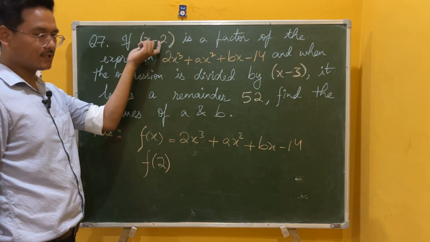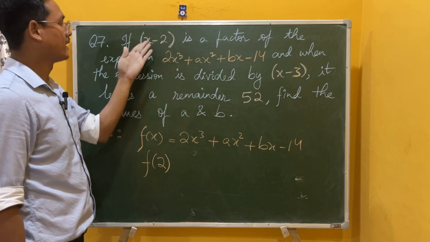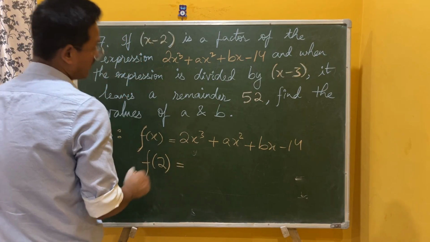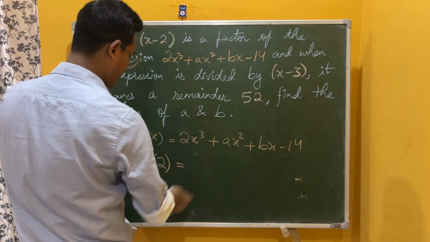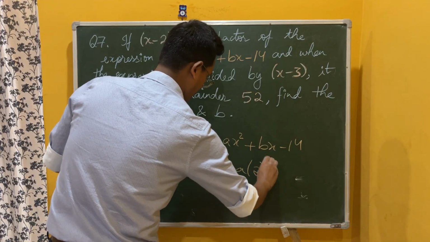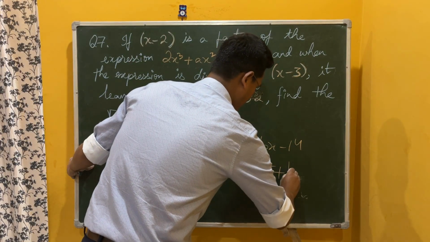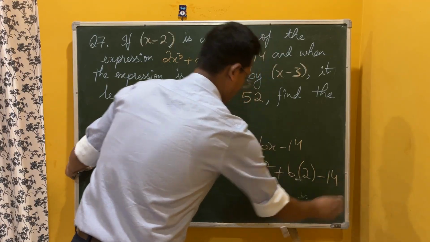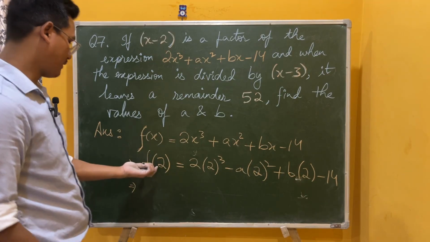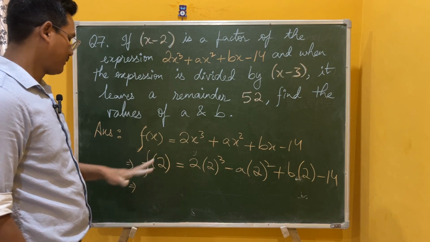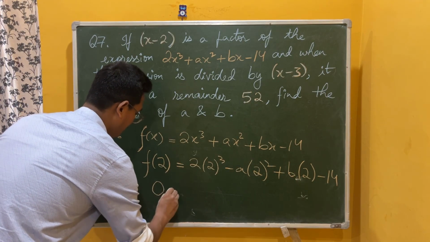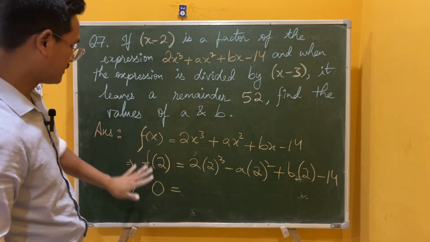You equate x minus 2 equals 0, so x is equal to 2, and you put the value 2 wherever you see x. f of 2 means the remainder when this divides the polynomial, and you know the remainder is 0 because x minus 2 is a factor.